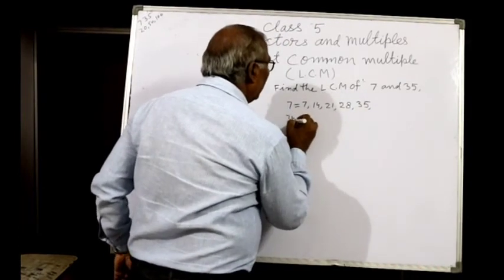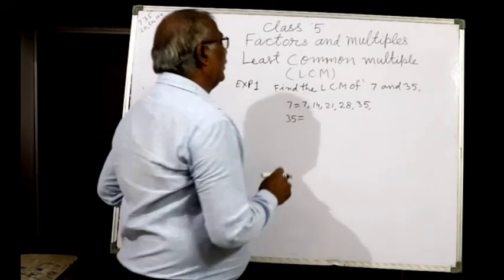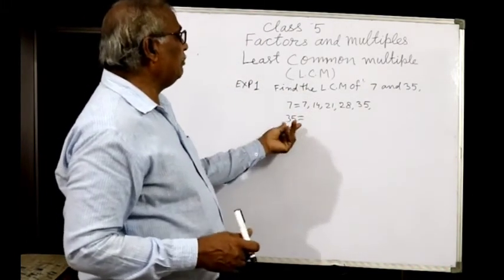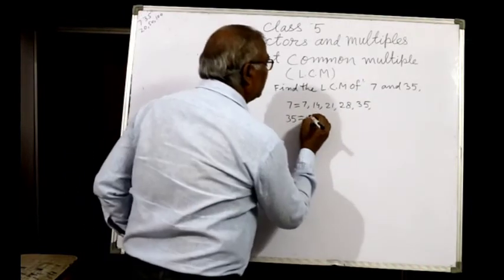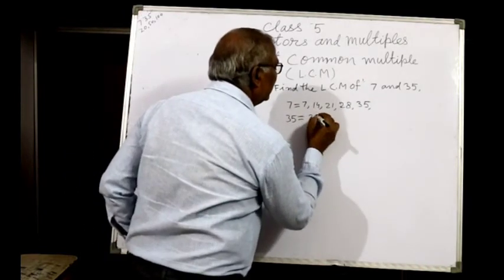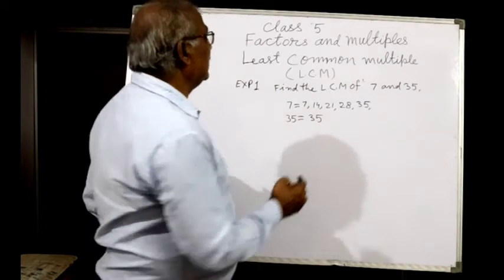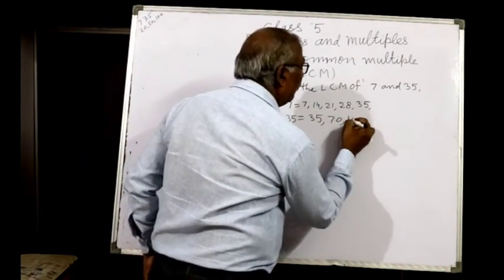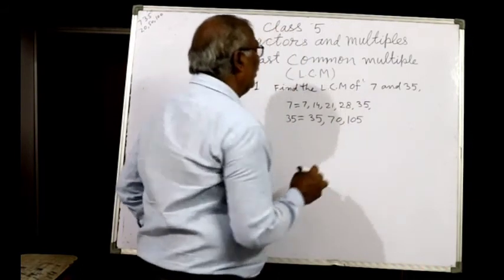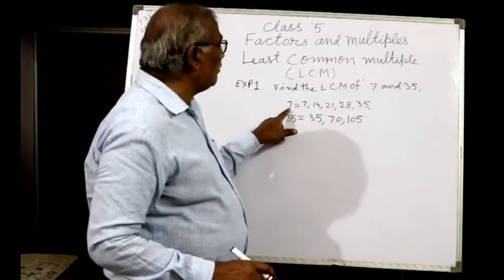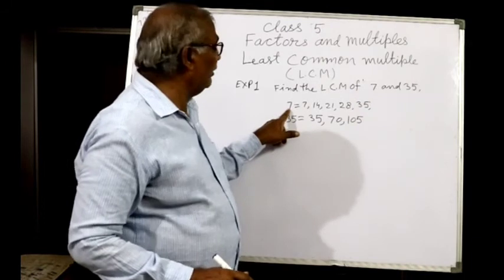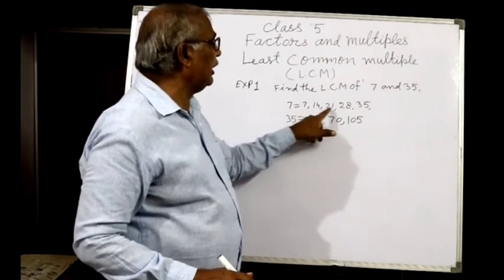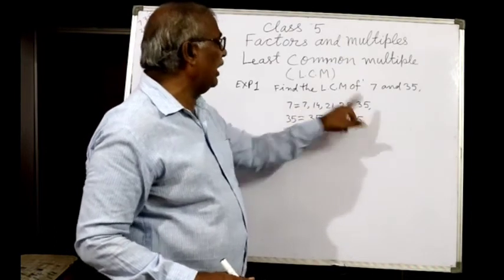Now, write down the multiples of 35. The first multiple of 35 is 35, second 70, third 105. You will find the multiples of 7 by multiplying 7 by 1, 7 by 2, 7 by 3, 7 by 4, 7 by 5.